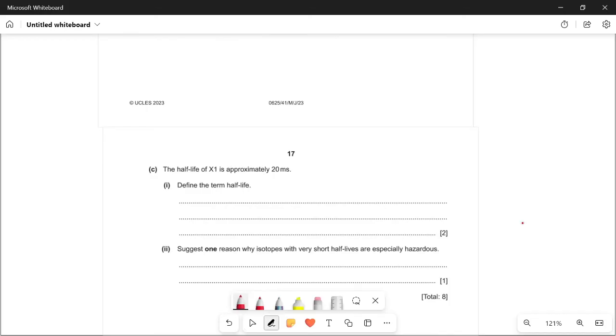C. The half-life of X1 is approximately 20 milliseconds. Define the term half-life.